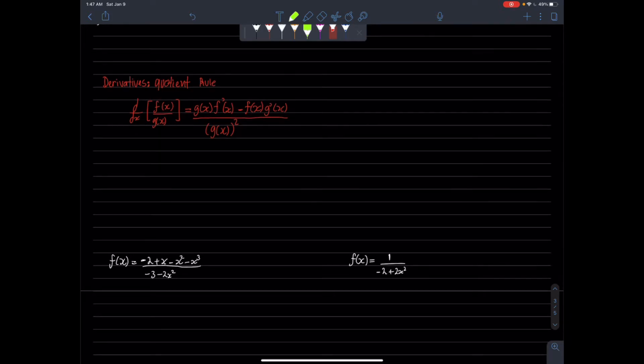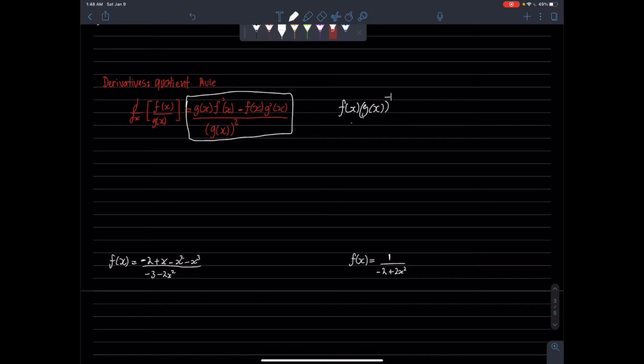This formula is actually derived using the product rule. So if you want, you could go back and derive it for yourself. But basically what you would have to do is f of x times g of x, but then g of x would be to the power of -1. And then you can derive this general formula here by taking the derivative of this, right?